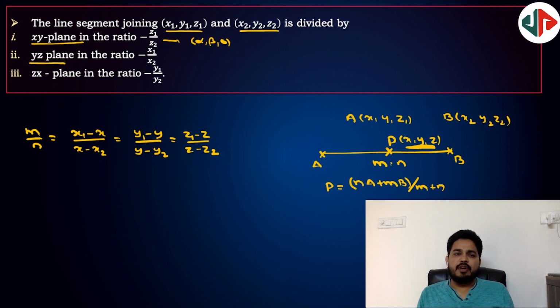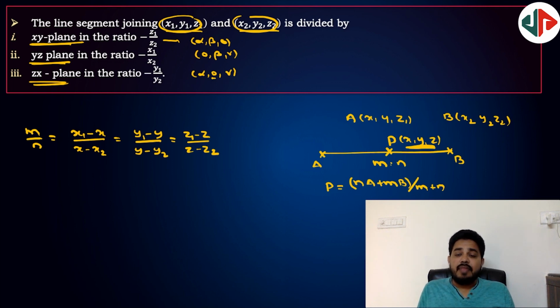YZ plane means the point is 0 comma beta comma gamma. ZX plane means alpha comma 0 comma gamma. So a line segment divided by the XY plane, YZ plane, or ZX plane will follow these conditions.